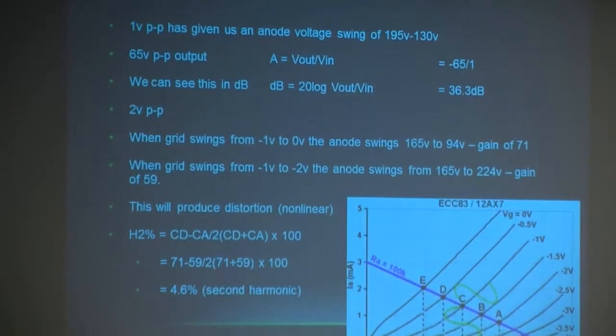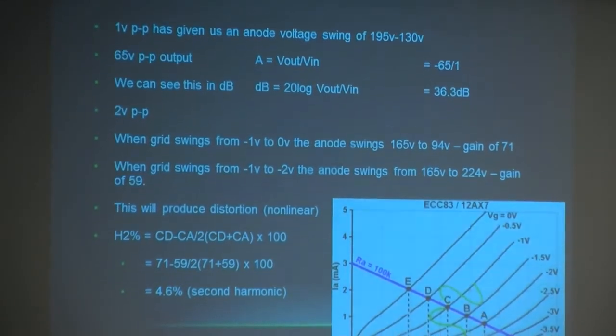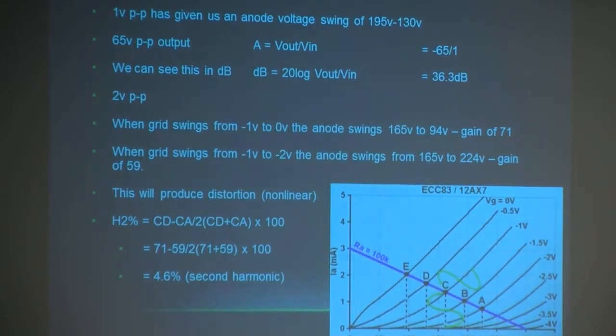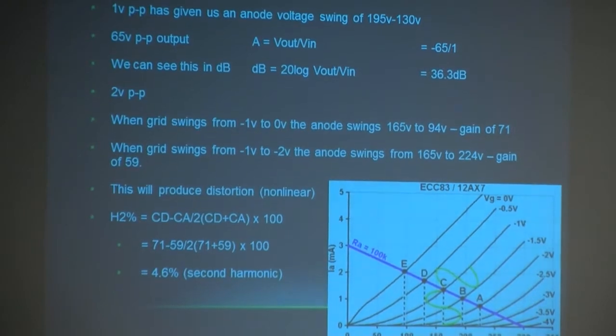But when the grid swings in the other half, there's only a gain of 59. So this is creating distortion. You can see that as 4.6% second harmonic, which is huge. So that hopefully shows the importance of selecting, when we're designing the circuits, the right load line and making sure that we have the cleanest amplification.